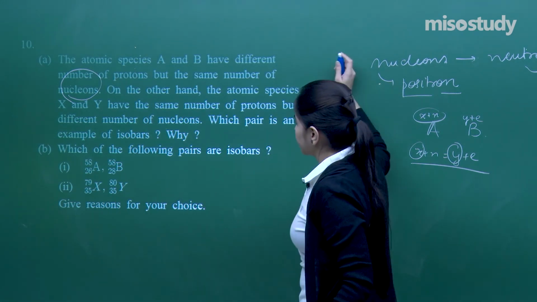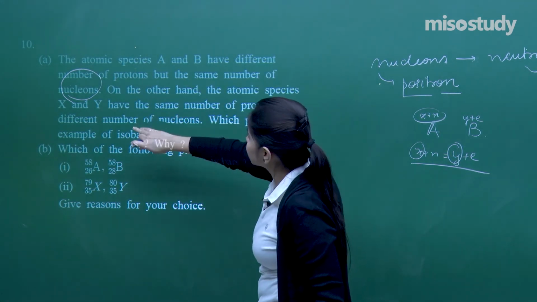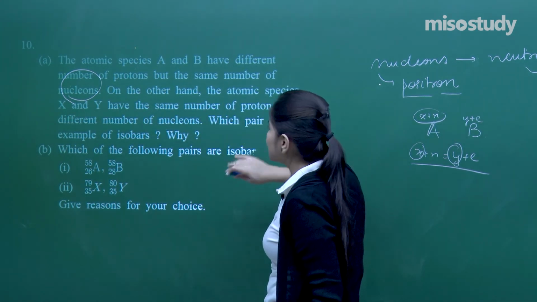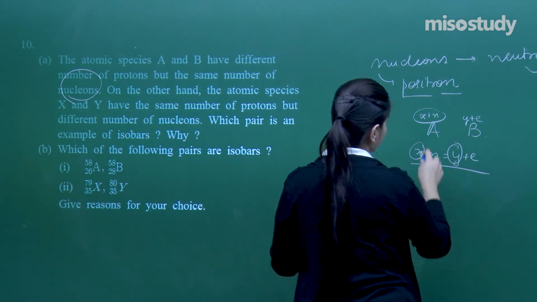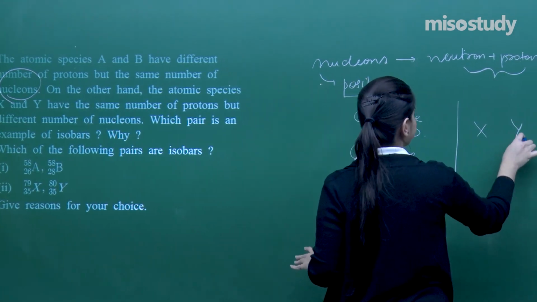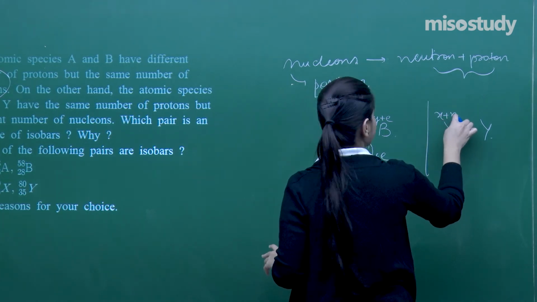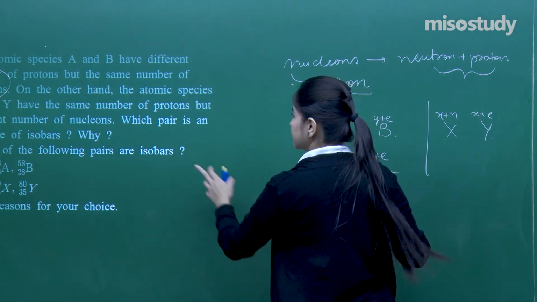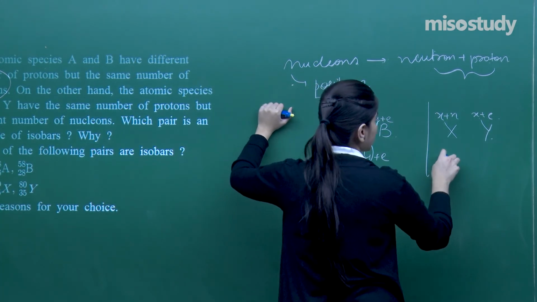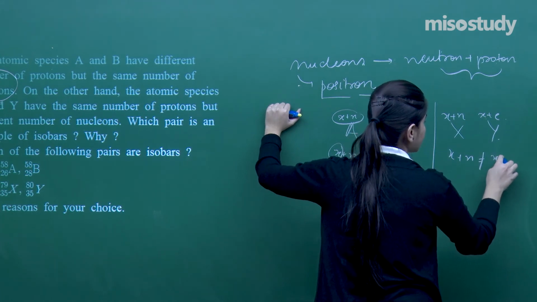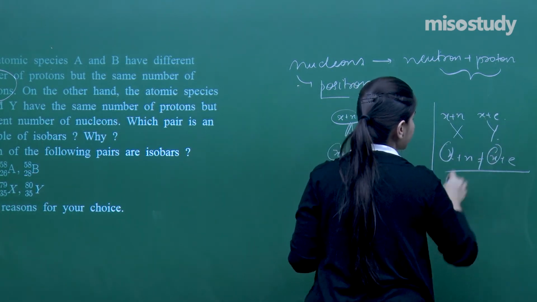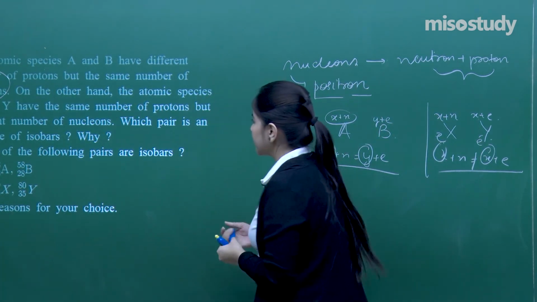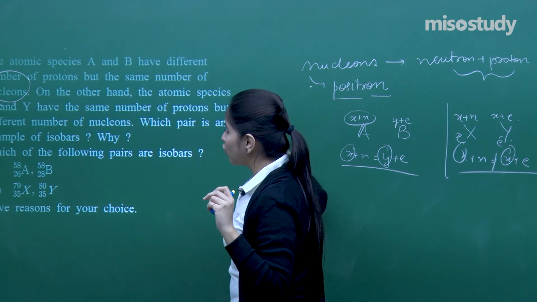On the other hand, the atomic species X and Y have the same number of protons but different number of nucleons. So X plus N is not equal to X plus E, they are saying, but the protons are equal. Fine. Which pair is an example of isobar?